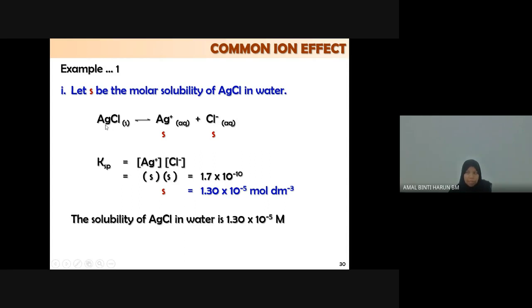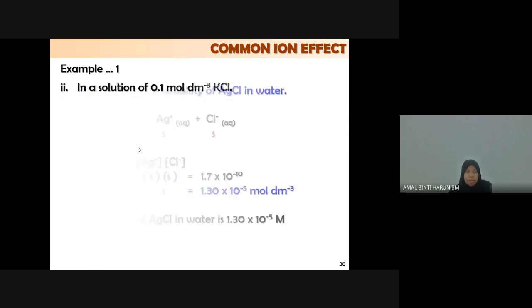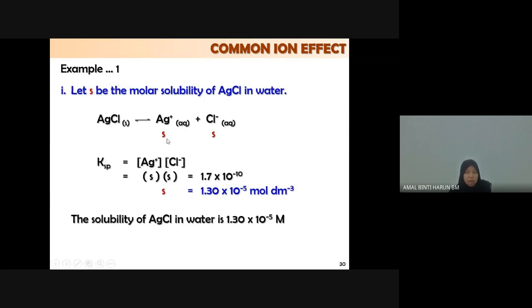Tapi solubility garam tu kat mana? Kat sini. Nilai yang sama, S juga. Okay, meaning that the solubility of silver chloride in pure water is 1.3 exponent negative 5. Okay, ingat concentration dia dalam air 1.3 exponent negative 5.